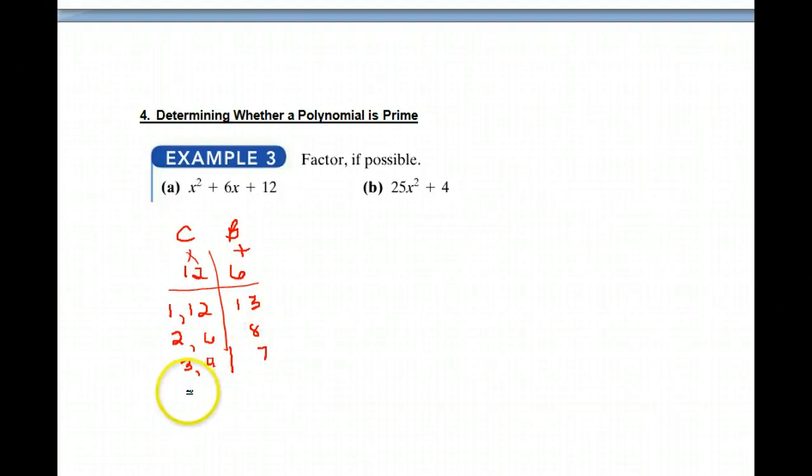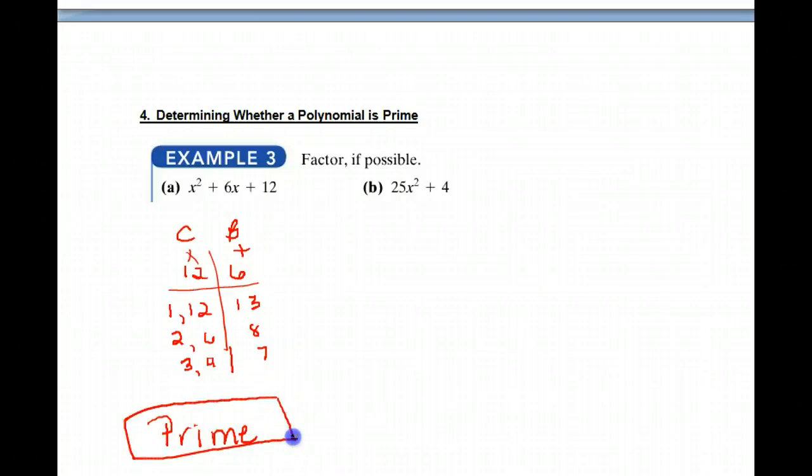As you can see, there was no way that we could multiply to a positive 12 but add to a positive 6. It's not possible. There's absolutely no way for us to factor letter A. That means that letter A is prime. It has no factors.